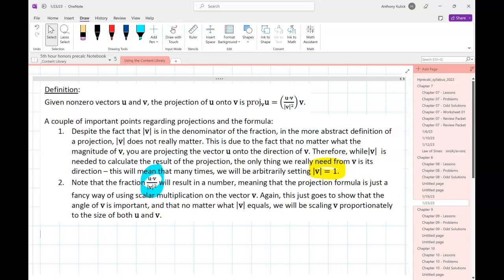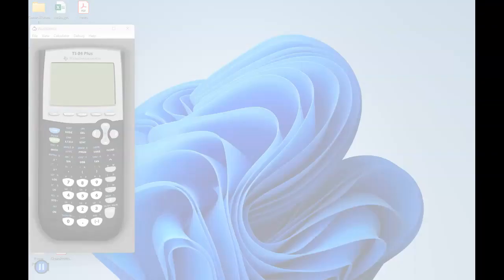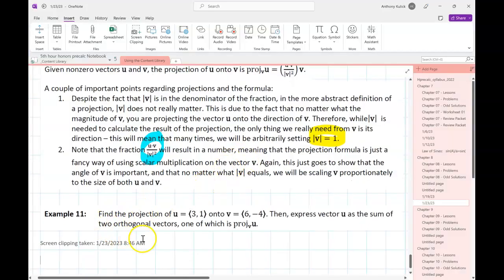All right. So let's do some calculations just to cement this process, and then we'll talk about how I can use it as an application to solve some real life stuff.